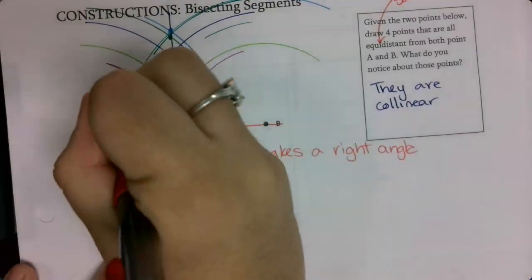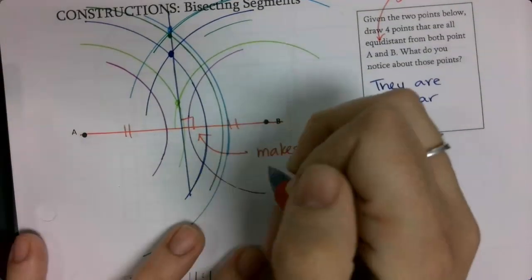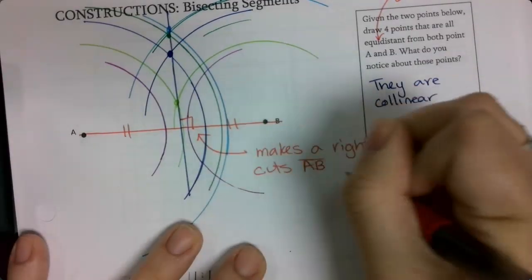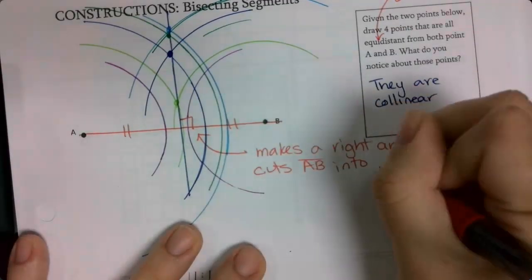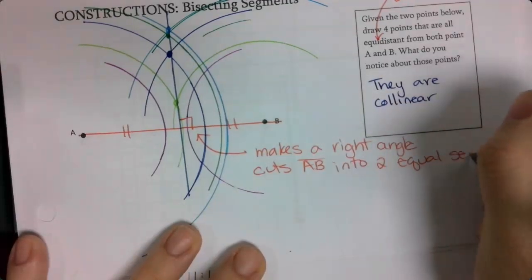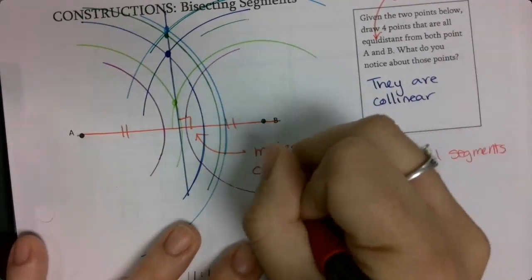And it's also cutting A and B into 2 equal segments. The special name for this is bisects.